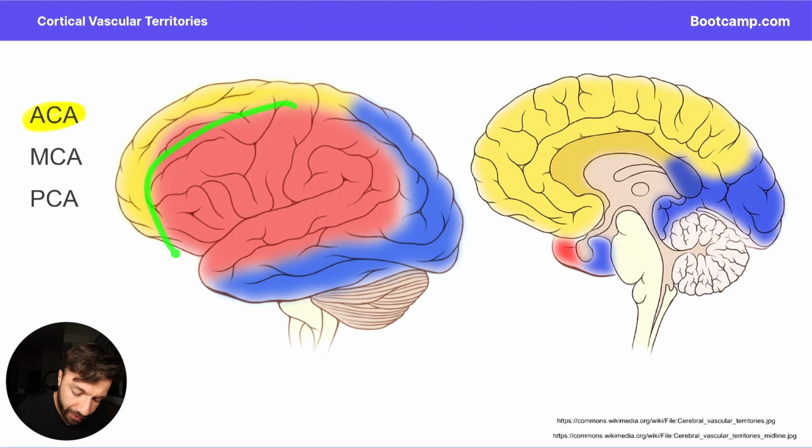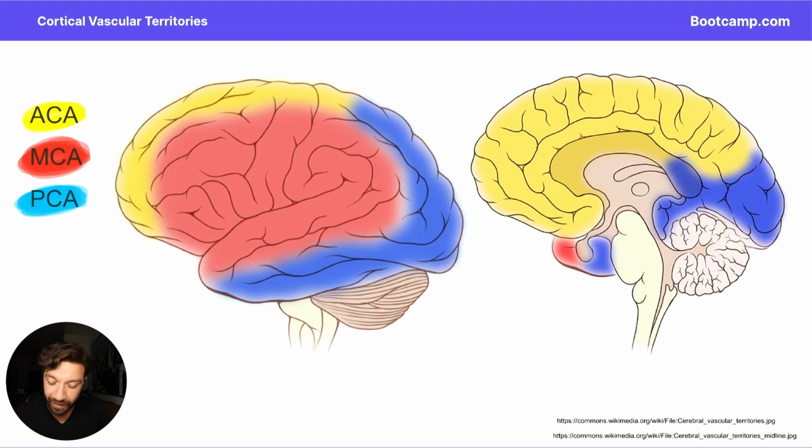This red area right here, spanning the lateral cortex, the frontal, parietal, and temporal lobe regions, is going to be supplied by the middle cerebral artery, which makes sense if you think about how it comes laterally off of that circle of Willis. And then finally, back here, doing the medial aspect of the posterior cerebral cortex as well as the inferior border of the temporal lobe, is going to be that posterior cerebral artery.